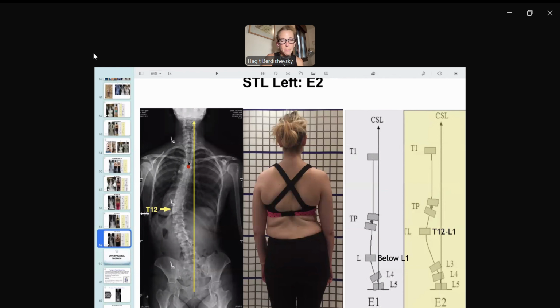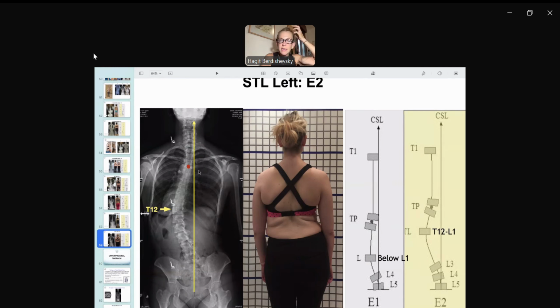Many times people think that maybe it is a thoracic, maybe a long, low thoracic. But when you count the vertebrae and you see that it is a T12, you will certainly say this is a thoracolumbar. It's a single.